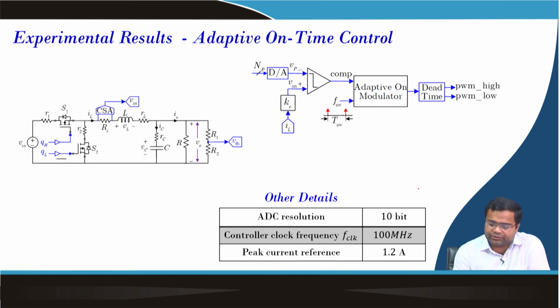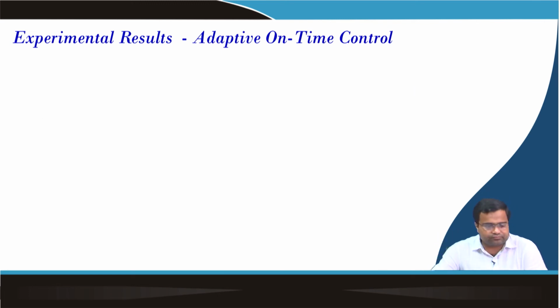Other details: we are using a 10-bit ADC, the controller clock is 100 MHz, and we are using a current difference of nearly 1.2 ampere. Again, this can vary slightly because the peak can be slightly higher because of the delay.